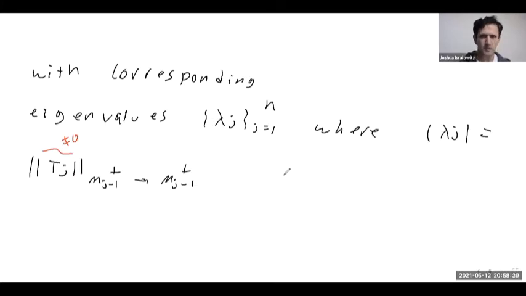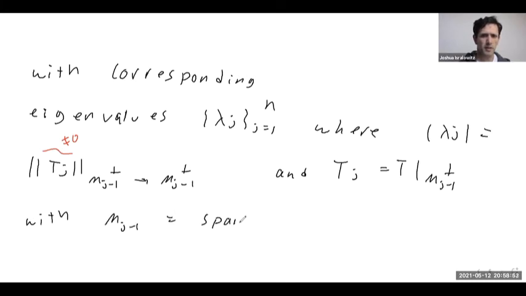And Tj is just T restricted to M j minus 1 perp, with M j minus 1 just being the span of the Gj's.